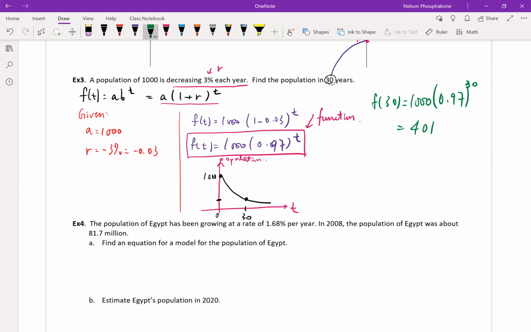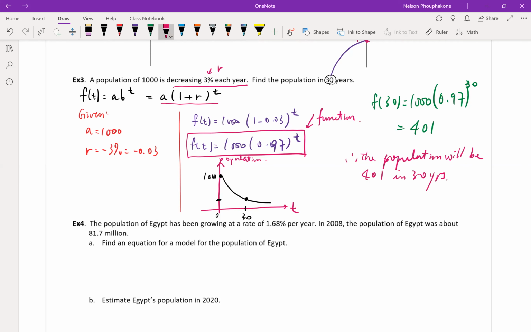You may have a lot of decimals, but remember, this is a population of human beings. You cannot have 0.5 or 0.2, so you have to round it up or down to make it a whole unit. Therefore, the population will be 401 in 30 years.